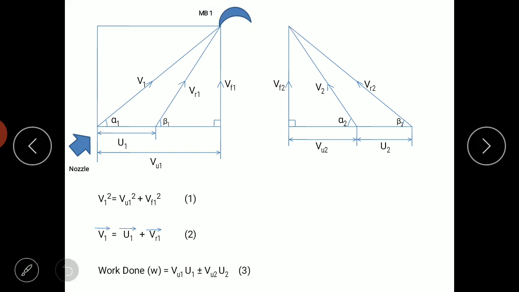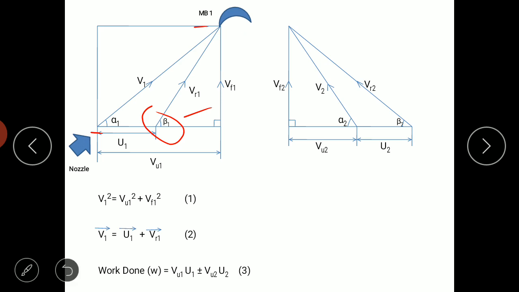Because in traveling from this point to this point, it will be losing some velocity, so it looks like it is striking the blade with a relative velocity vr1. So it makes an angle beta 1 here with the moving blade, and that is the inlet angle beta 1.